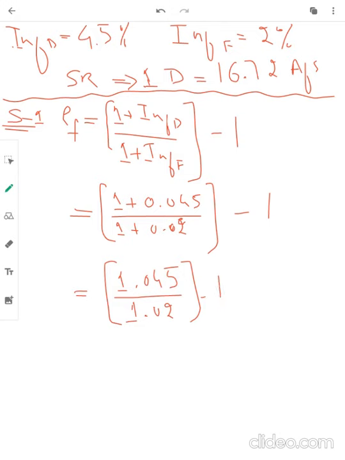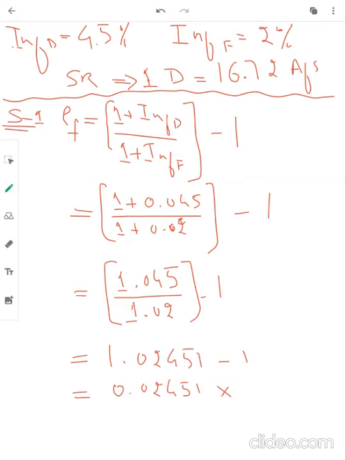So let's divide it. I'm going to quickly divide 1.045 divided by 1.02 and it will give me a value of 1.0245 and 09. So I will just stick to 1.0245, I will go for the rounding values, minus 1. So if I subtract it, it will become 0.0245.